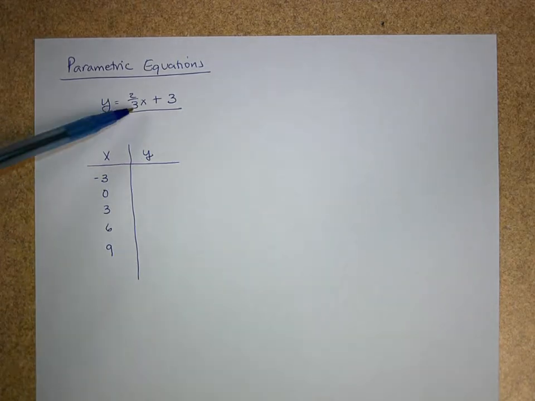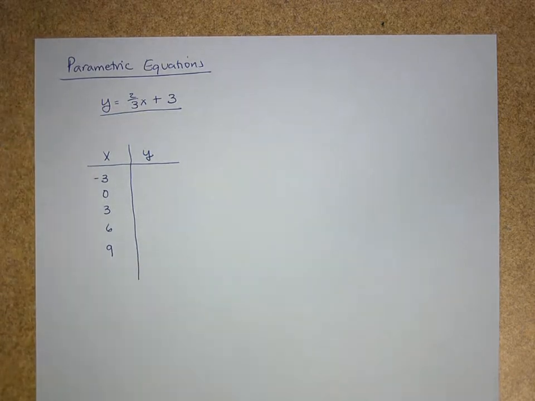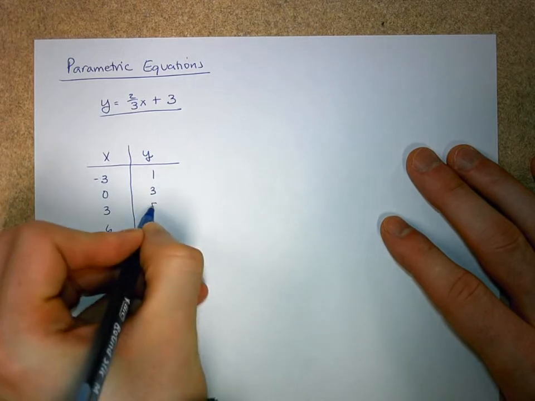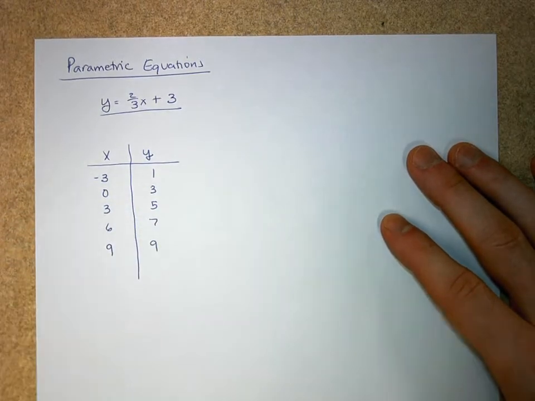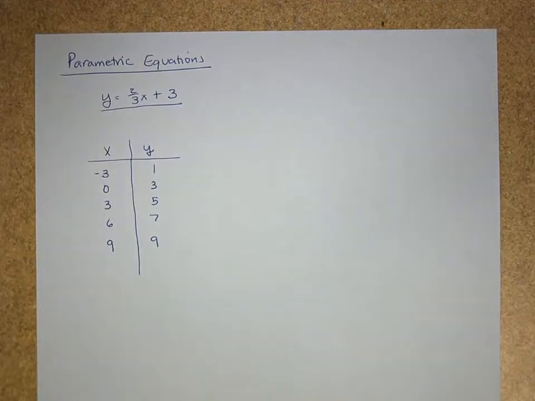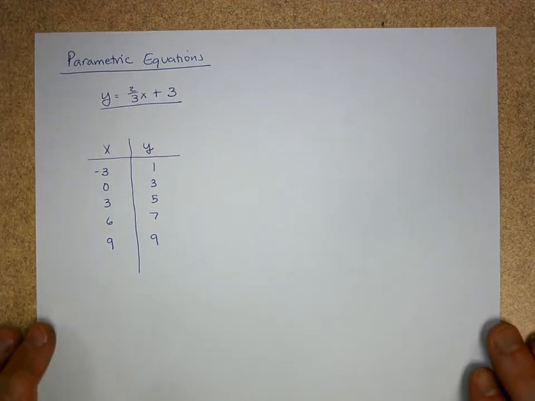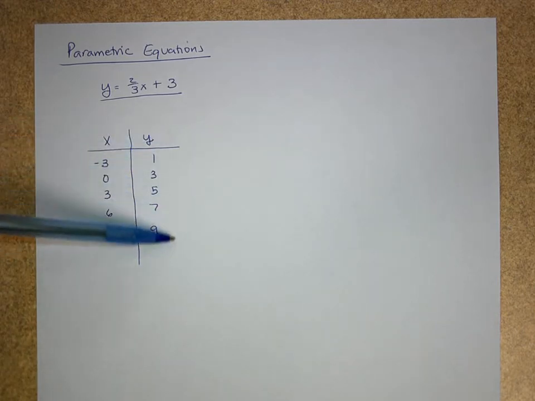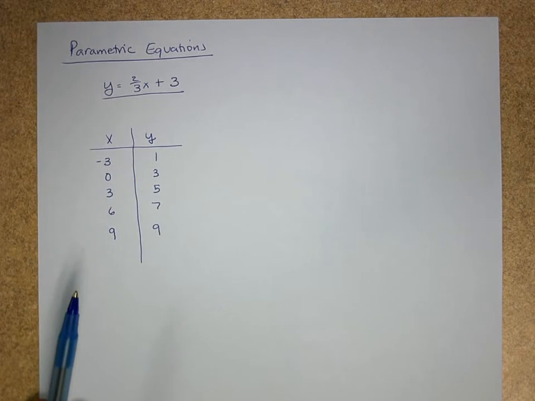If I plug in -3 for x, if I plug in 0 for x, if I plug in 3 for x, the pattern I get for y is going to be 1, 3, 5, 7, 9. Nothing new there. The piece that is going to be new, though, is what if I wanted to represent just this column as its own equation, and then just this column as its own equation?